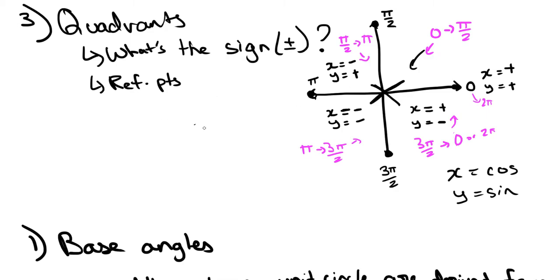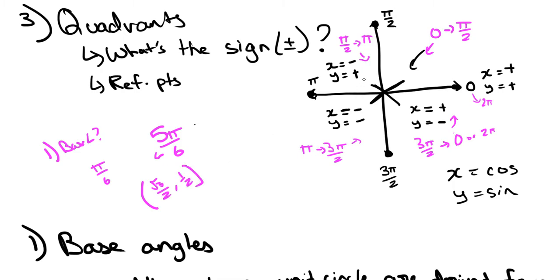So for example, if your angle is 5 pi over 6, okay, then think about it. First, which base angle does it correspond with? Because the denominator is 6, this is going to be pi over 6. So we know automatically that its coordinates are going to be root 3 over 2 and 1/2.